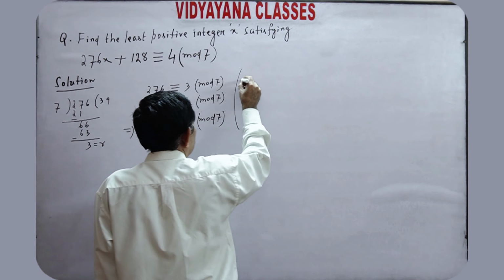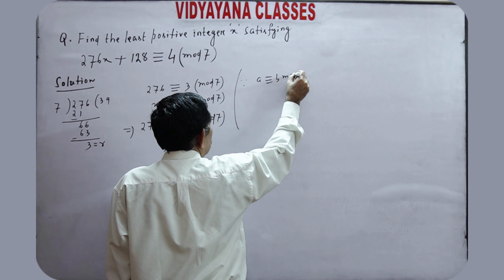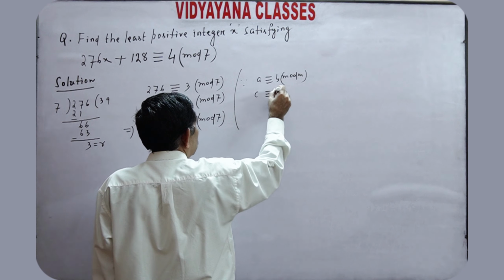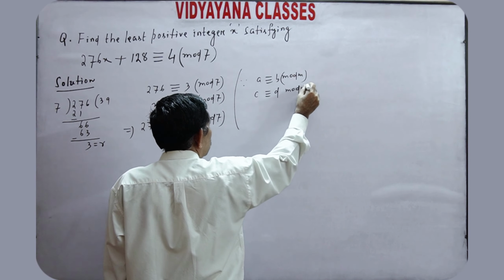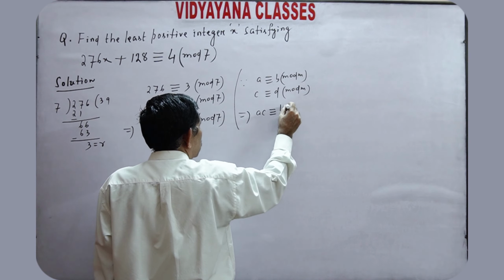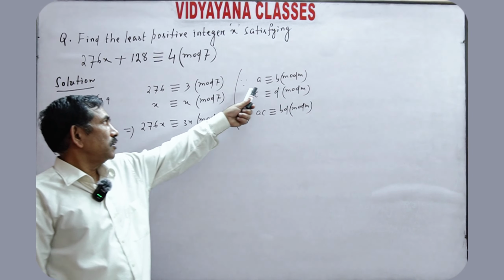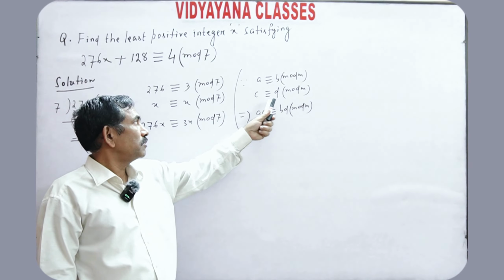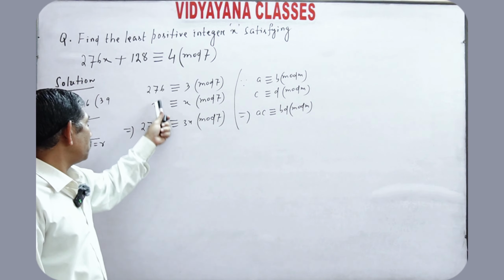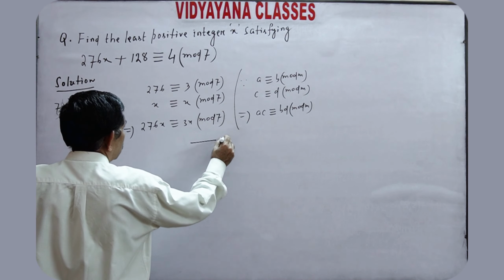Since a congruent to b mod m, c congruent to d mod m implies ac congruent to bd mod m. By this principle, we have this. It is equation 1.